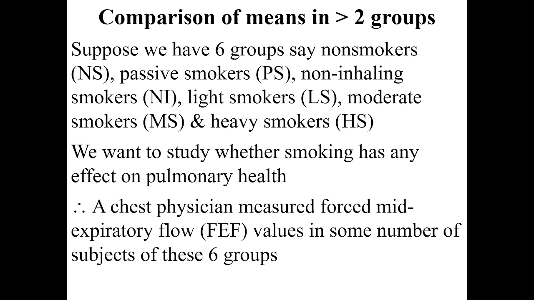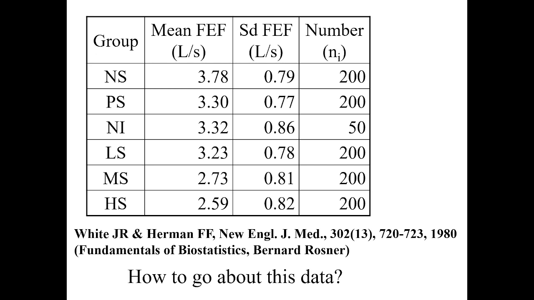A chest physician measured forced mid-expiratory flow, FEF, which tells the lung capacity and how the lung is functioning, in some number of subjects of these 6 groups. The idea is to see whether all these 6 groups have similar FEF or not.